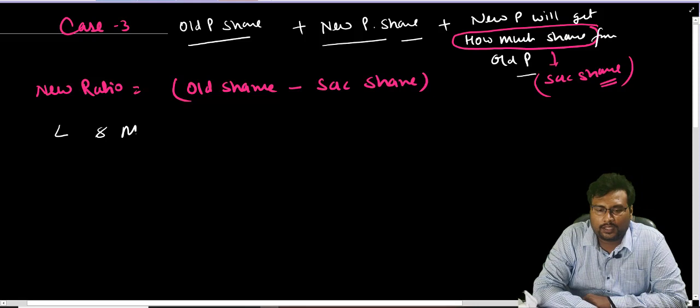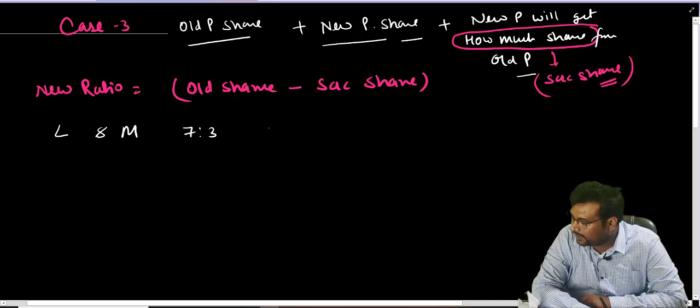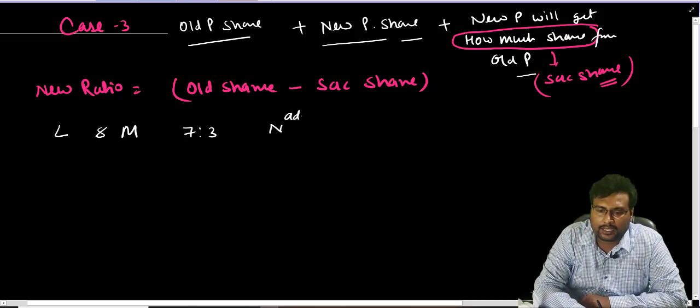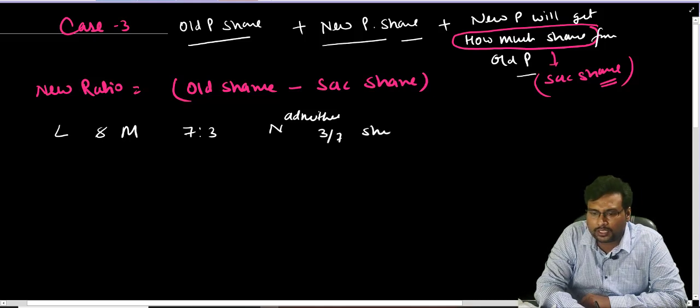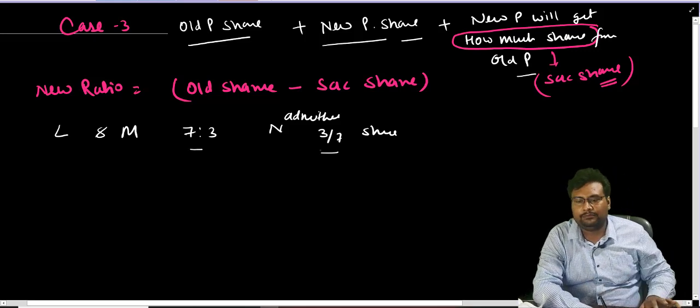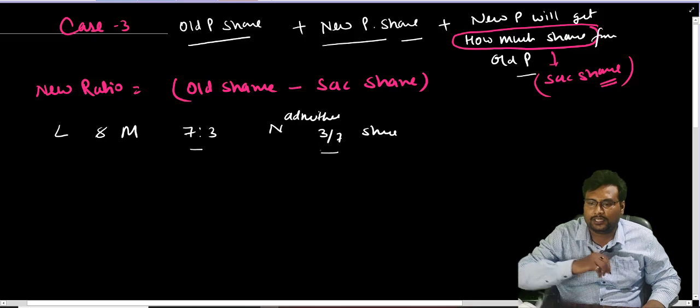L and M both are partners in the ratio 7:3, and they admitted N for 3/7 share. These are the 2 pieces of information: L and M in 7:3 and admitted N for 3/7 share.